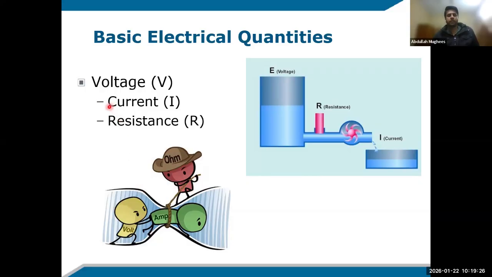I would say that current is the actual entity that is going to drive everything. You have any kind of electrical equipment. Current is the entity that is going to drive it. But current cannot do anything without the voltage. So this animation shows that.